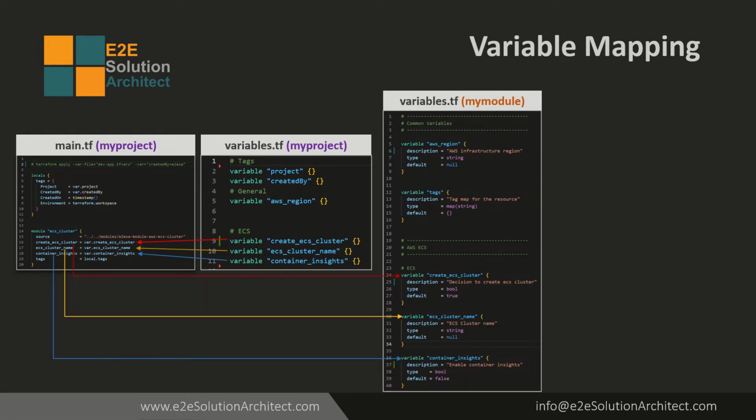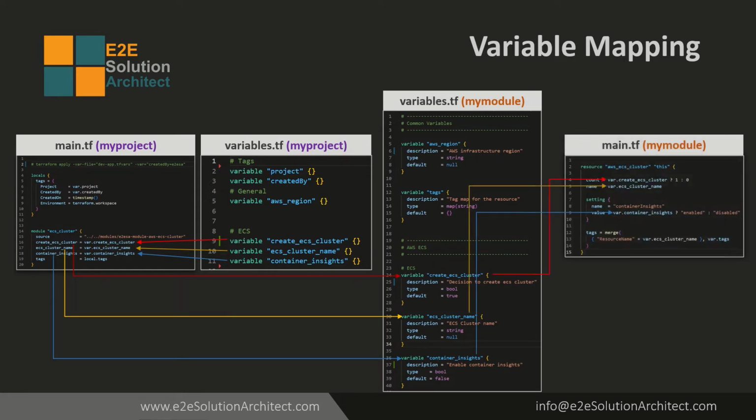Now when you have your variables file for your module, the next part is you pass the values which are actually coming from your project main.tf to the module's main.tf, because ultimately the resource is being created in the module's main.tf. In our project file, we are referencing that module, but ultimately the resource is being created at the module's main.tf.